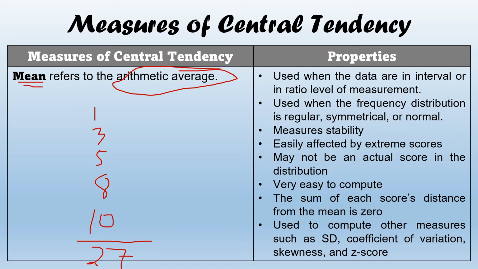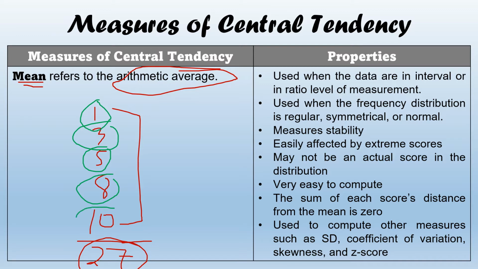For example, okay, all we have to do is to divide 27 by the number of our samples. Okay? So we have 1, 2, 3, 4, 5. Okay, again. So meron tayong ilang samples. So we have 1, we have 2, 3, 4, okay, 5.